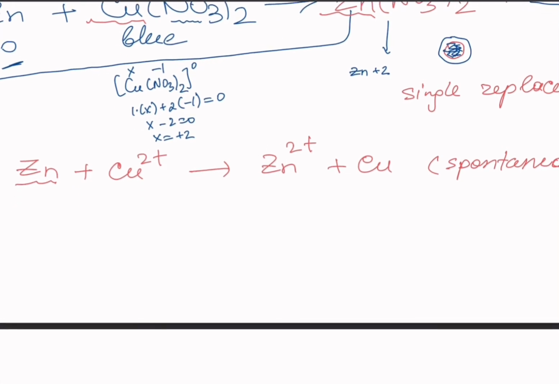And then let's do another one. If I would dip copper inside zinc nitrate solution, do you remember this was a colorless solution? We had that in our table. And copper, we didn't have it in the lab, but it's a brownish metal.